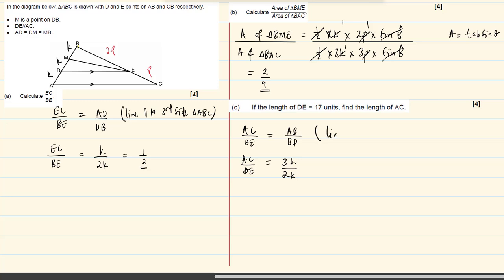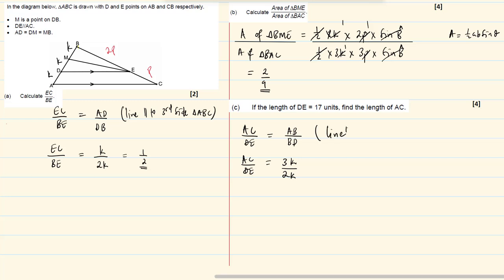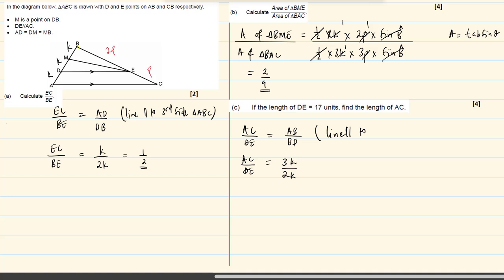So here you need to say line parallel to third side of the triangle ABC. Okay, so then the ratio of AC divided by DE is going to be 3/2.